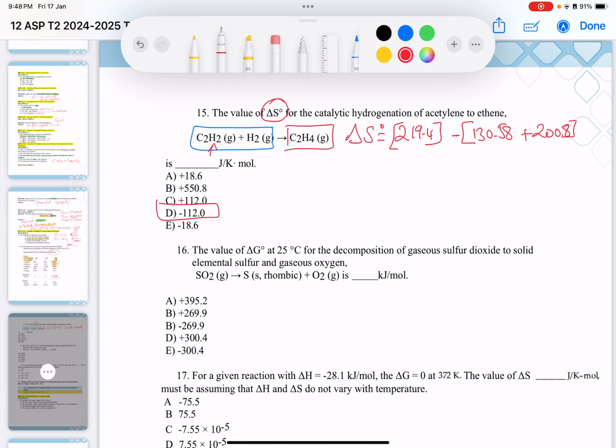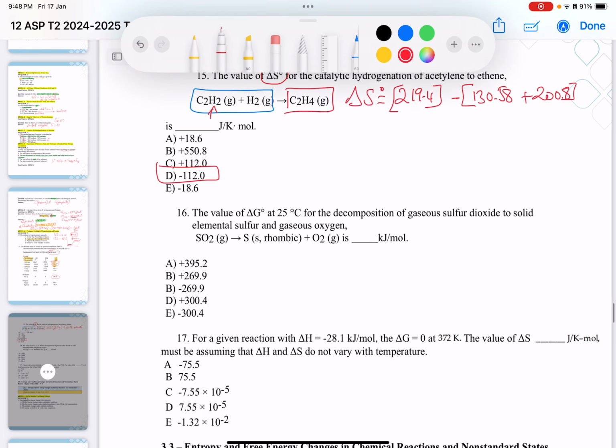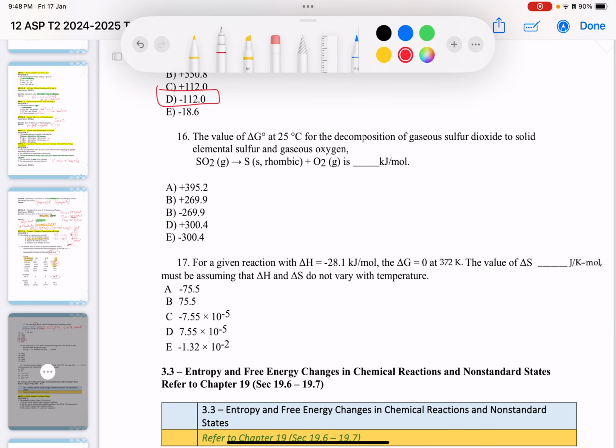The value of delta G for the decomposition of gaseous sulfur dioxide. Okay, again, this time we need delta G. It's the same exact formula, but instead of using S values, you are going to use G values.